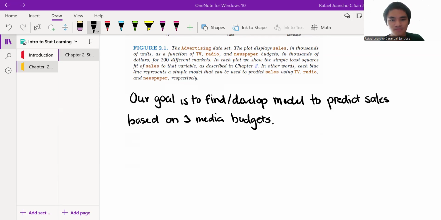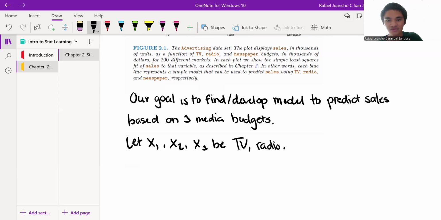So here we let x sub 1, x sub 2, x sub 3 be advertising budgets: TV, radio, and newspaper. The TV, radio, and newspaper budget.